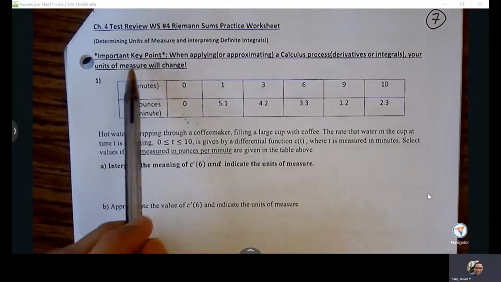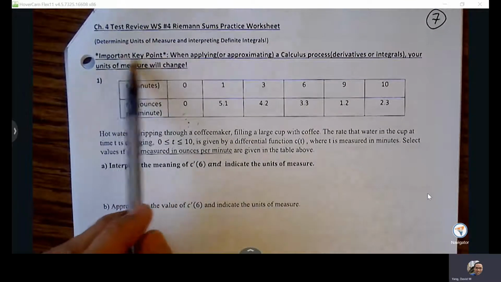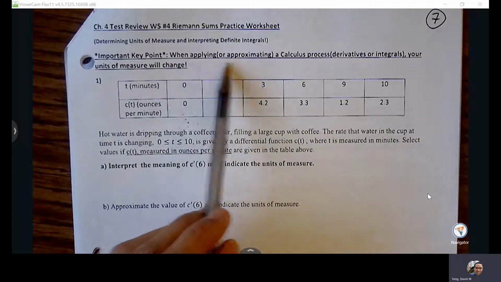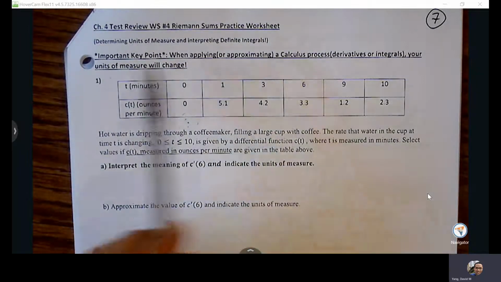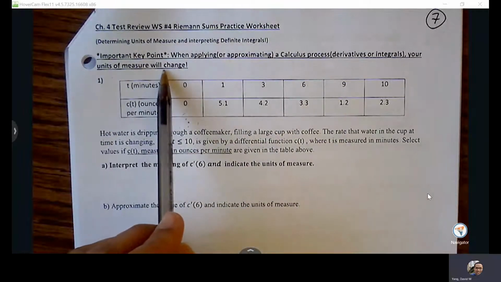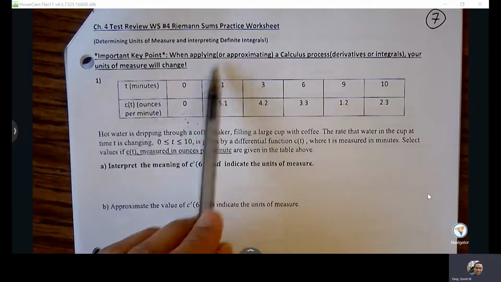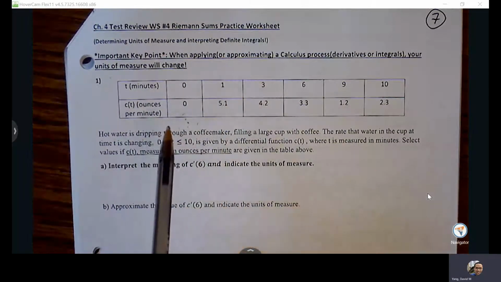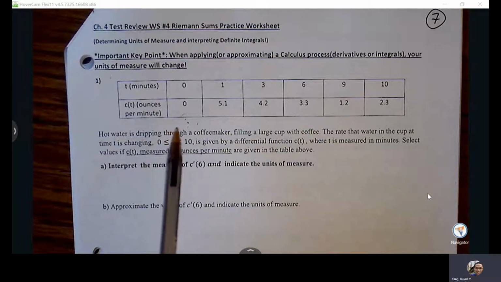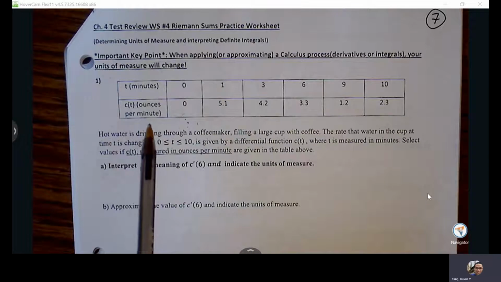Something I want us to make sure we understand is that when you're applying or approximating a calculus process, your units of measure will change, okay? Anytime you do a derivative, your units will continue to increase their denominator units. So if it's ounces per minute, the derivative will become ounces per minute squared.